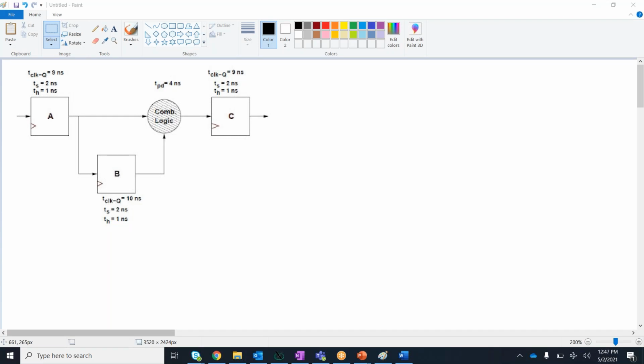Can you see my screen? Yes, sir. Can you find the maximum operational frequency for this circuit?